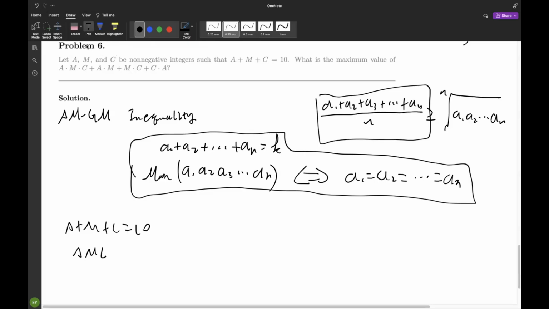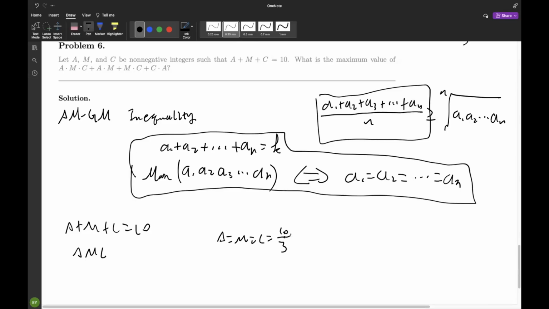네. In order for the product to be the greatest, A, M, and C must all be equal to each other. However, notice that A, M, and C are non-negative integers. Ideally we want A, M, and C to all equal 10 over 3.